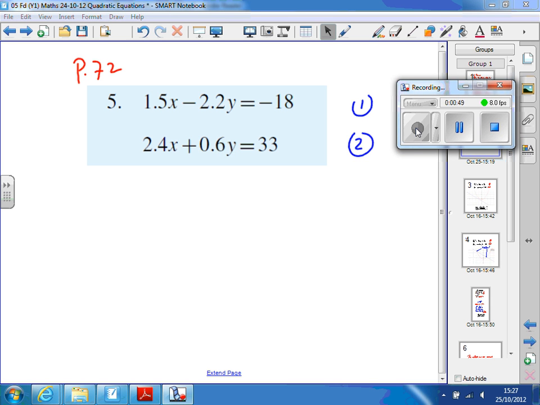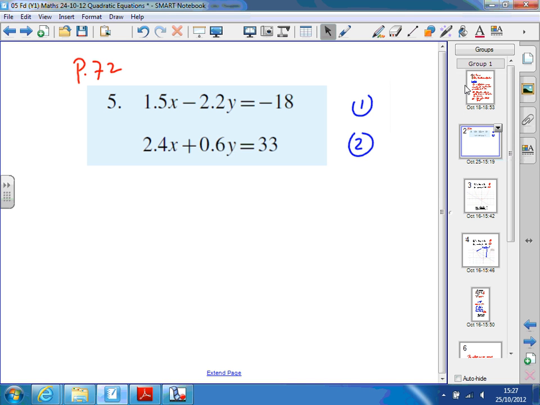So, a suggestion has been made to try elimination, so how are we going to do that? I might multiply equation number 1 by 2.4, which is the number for the x in number 2, and then also multiply equation 2 by, what would I multiply that by? 1.5, right.